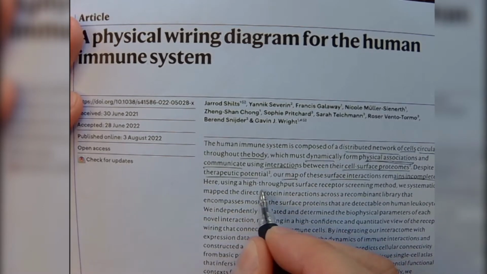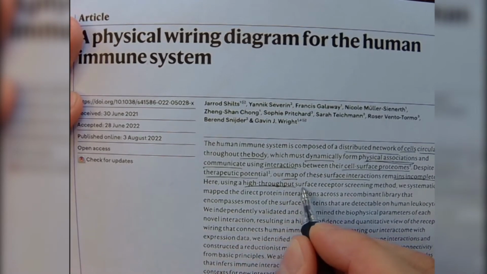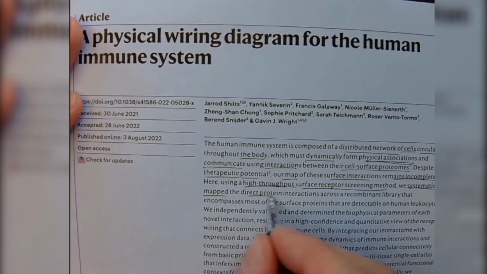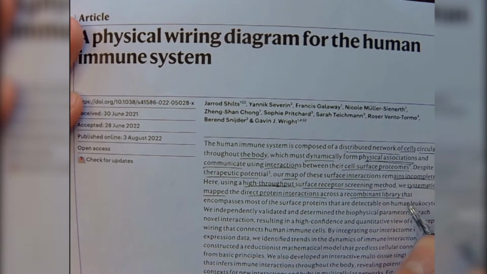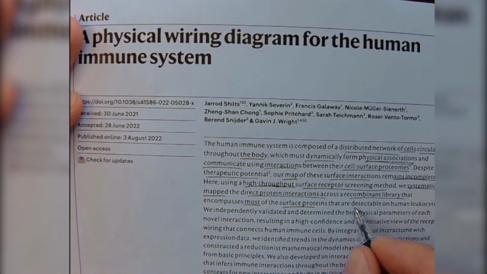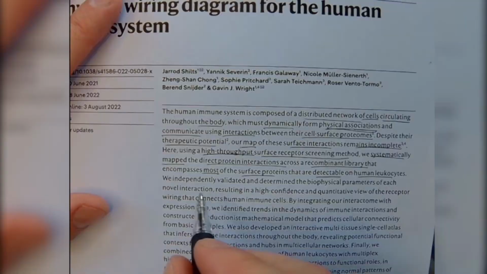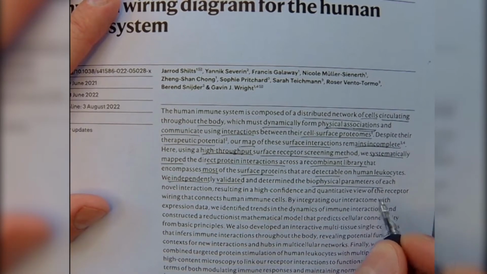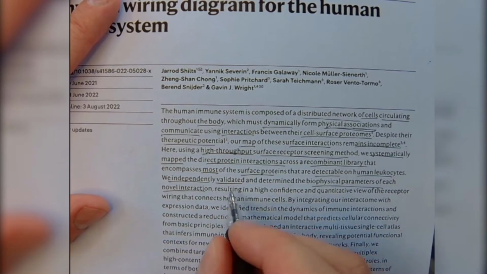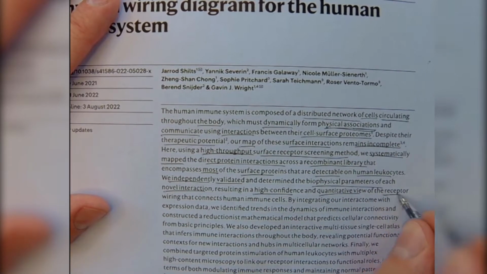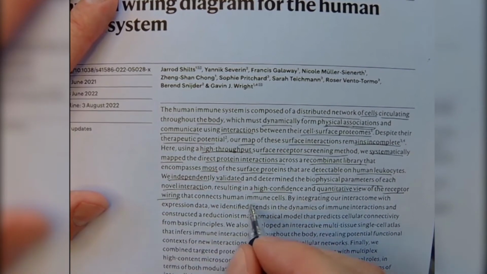Here, using a high-throughput surface receptor screening method, we systematically mapped the direct protein interactions across a recombinant library that encompasses most of the surface proteins that are detectable on human leukocytes. We independently validated and determined the biophysical parameters of each novel interaction, resulting in a high confidence and quantitative view of the receptor wiring that connects human immune cells.